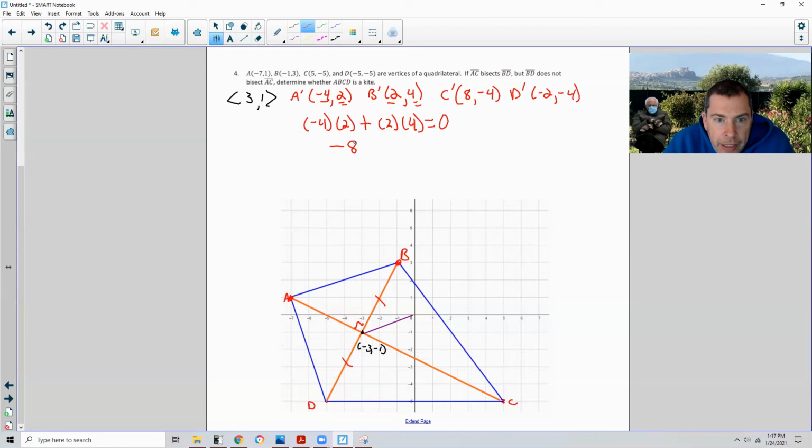And -8 plus 8 is definitely 0. 0 equals 0. So is it a kite? And the answer is yes, it is a kite because BD was bisected, but AC was not, and they are perpendicular.